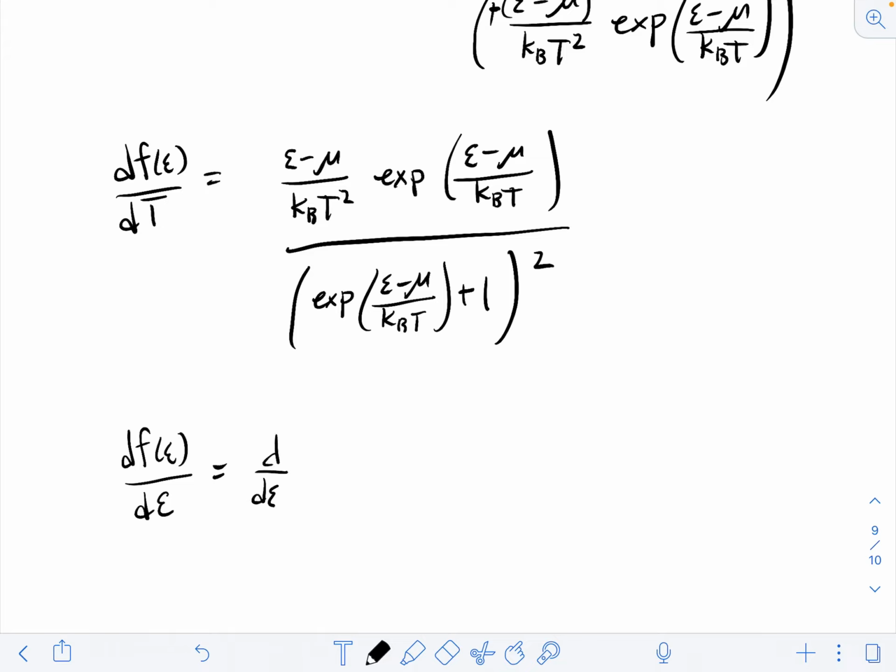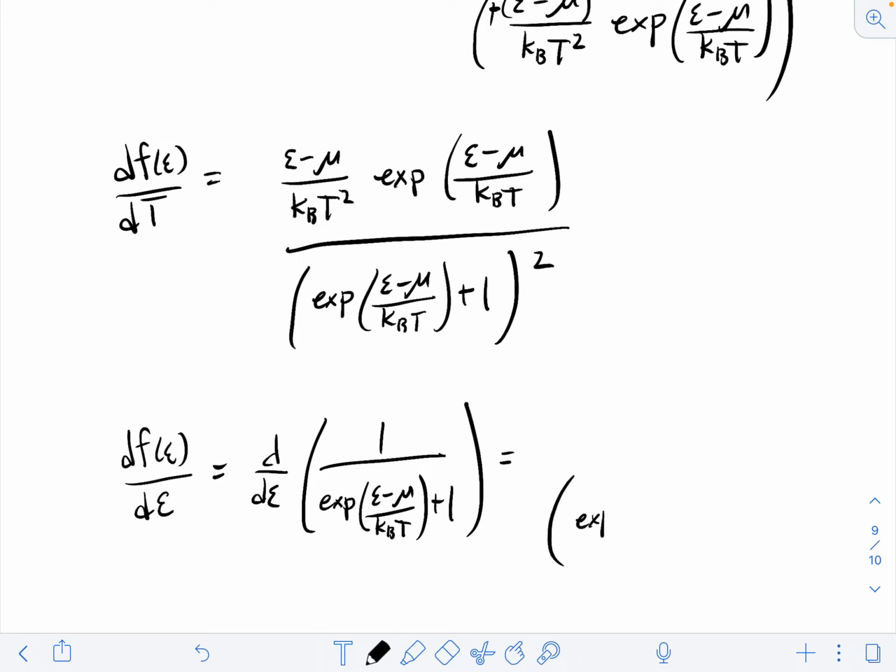Okay, so that's going to be d by d epsilon of the distribution function, which is 1 over the exponential of epsilon minus mu over kB T plus 1. And the result is going to be pretty similar. We're going to get the denominator squared, and we'll pick up a minus sign.